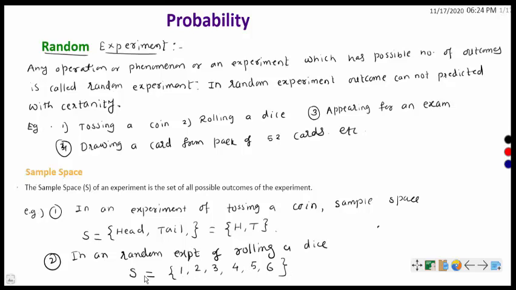Out of these 6, we will get 1 number on the uppermost face of the dice. So this is the sample space for the experiment of rolling a dice.